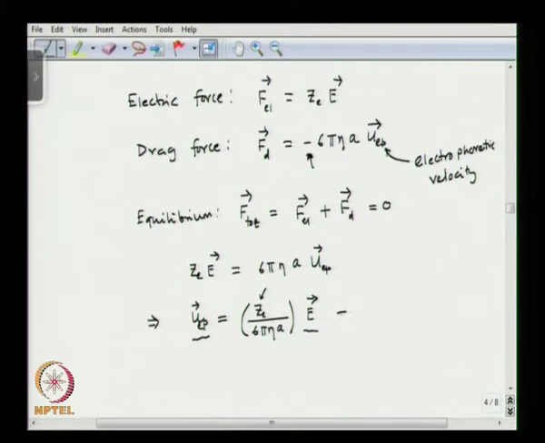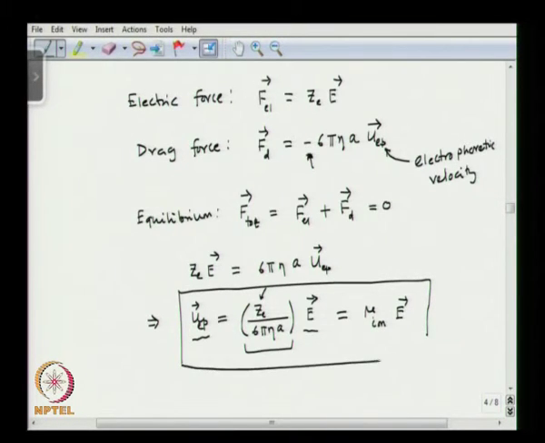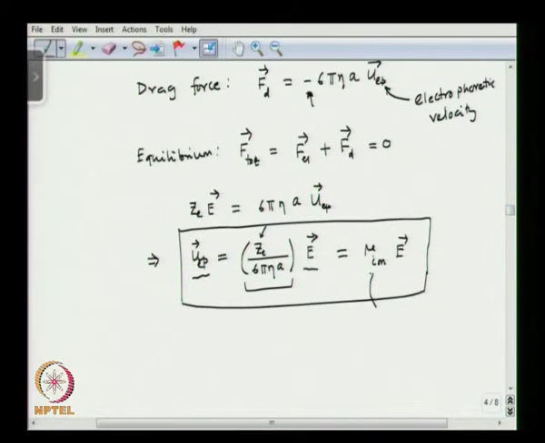So this ratio, charge to 6 pi eta a, we can call it the ionic mobility, okay, mu ion, into electric field. So this is called the ionic mobility.